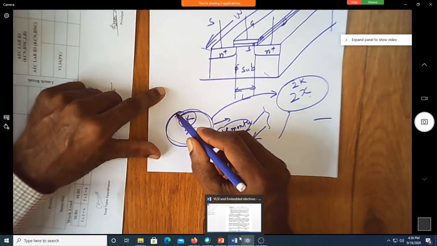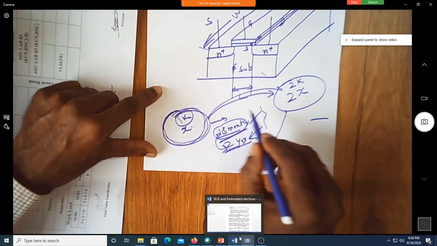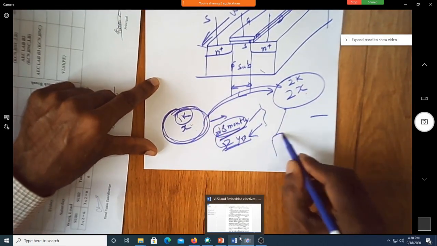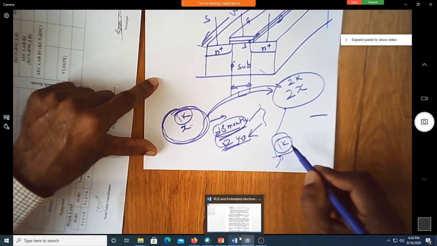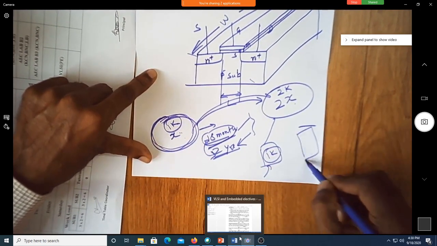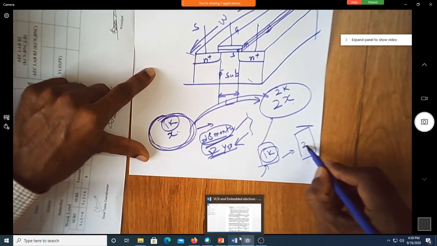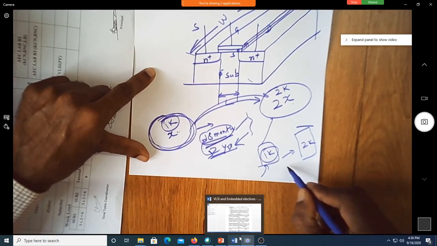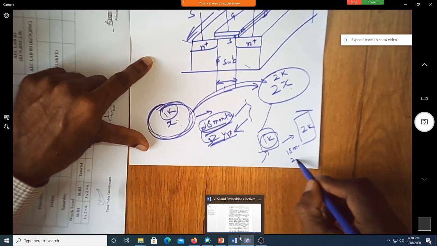Don't think that the number of transistors will simply become double on its own. It is not that. Given an area, suppose today you can put only 1000 transistors, maybe after 2 years the technology has improved in such a way that you can put 2000 transistors. This is a time gap of 18 months or 2 years.